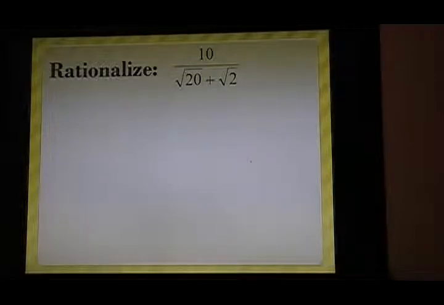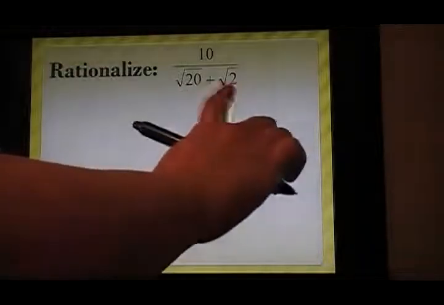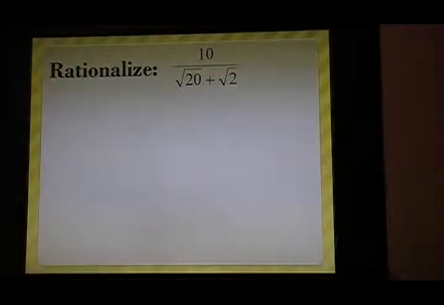If you have roots in the bottom and you have a binomial in the bottom, the way you rationalize, the way you get rid of those, is to multiply by the conjugate. The conjugate of this is the square root of 20 minus the square root of 2. Let's write that down.